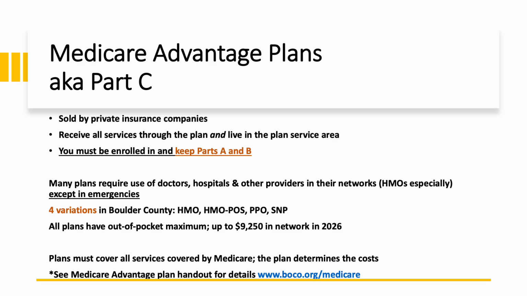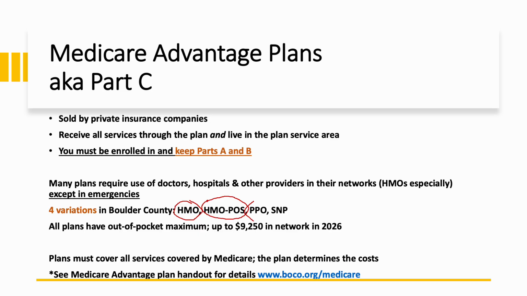Most of these plans require that you see a primary physician and then get a referral to see a specialist. A good portion of them are HMO plans or HMO POS, which stands for point of service, and that point of service varies from plan to plan on what that means.